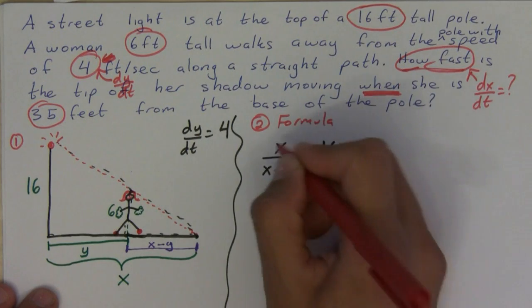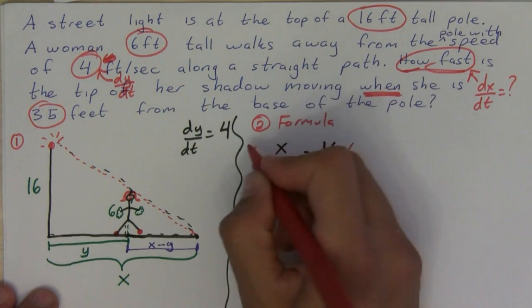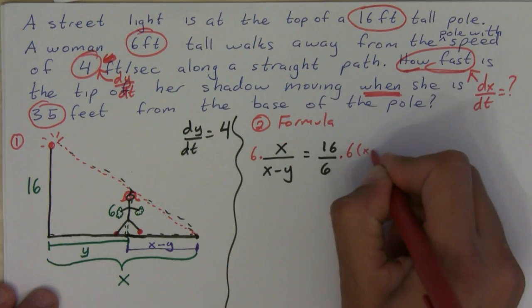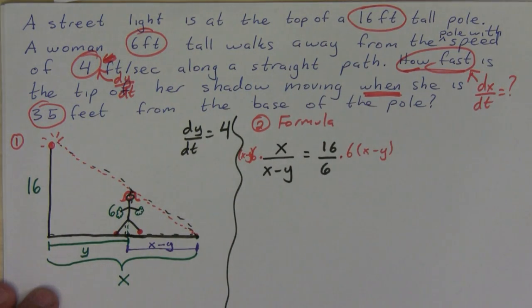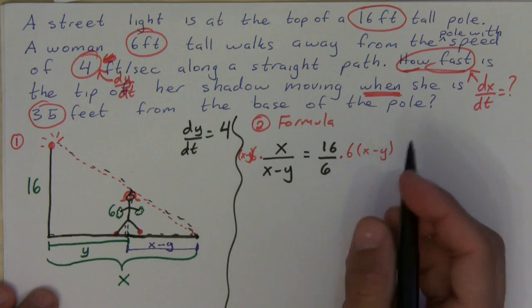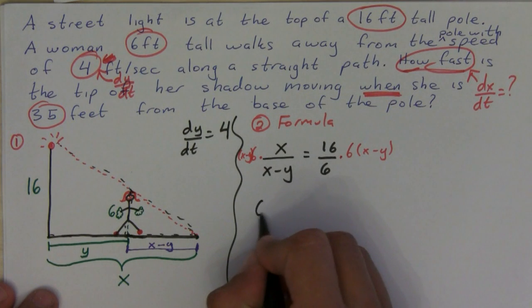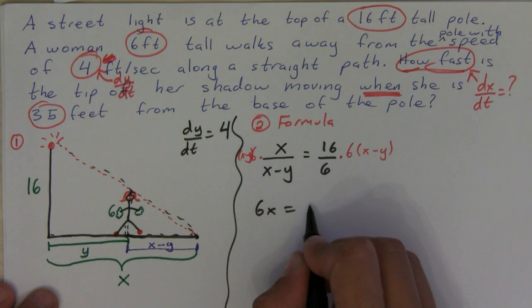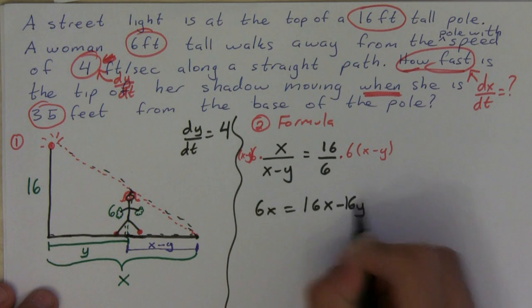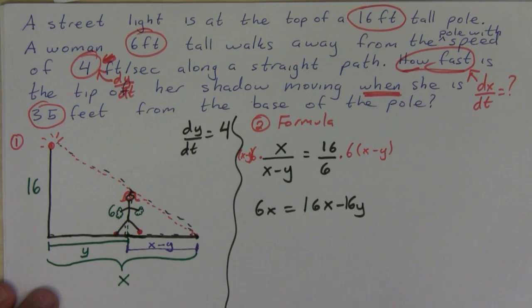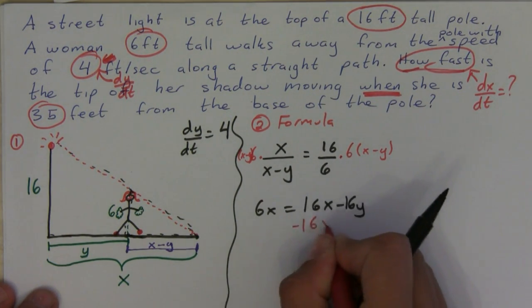Now, since the one that we're looking for is dx over dt, it would be smart to solve for x here. So why don't we get rid of all the fractions? We can multiply both sides by 6 and multiply both sides by x minus y. And so we would get 6x equals 16x minus 16y. And if we solve for x, we bring the 16x over to the left.